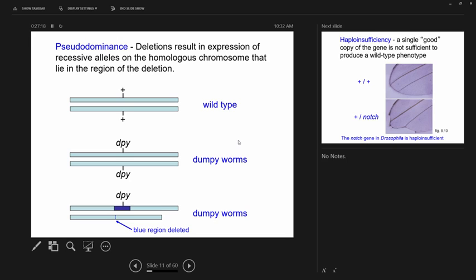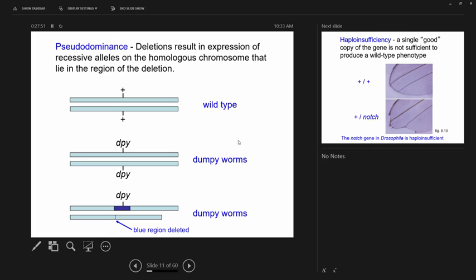But just like what we did with the deletion mapping we talked about earlier, if you put a chromosome that has a dumpy mutation in trans to another chromosome that is missing the entire region, it has a deletion for where the gene is located, so the blue region here is gone, these worms would be dumpy too because you have a dumpy allele here and you have no allele there.